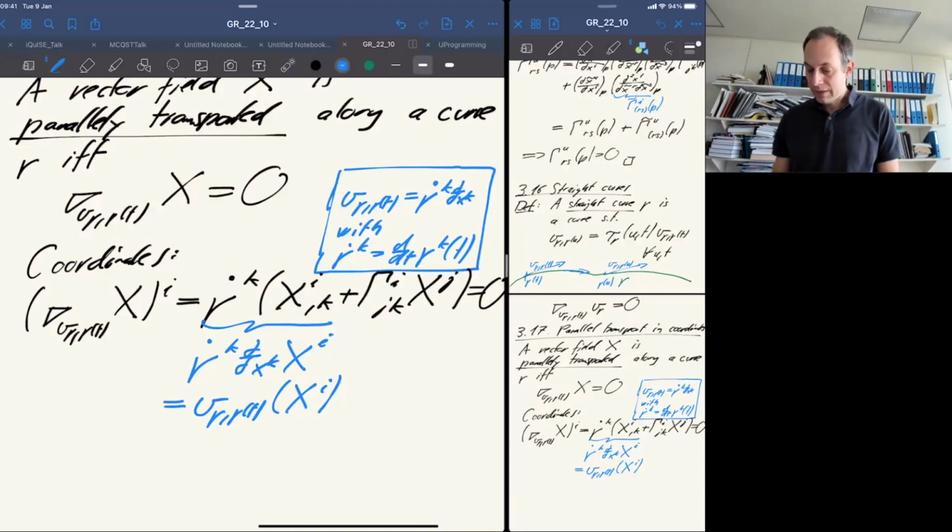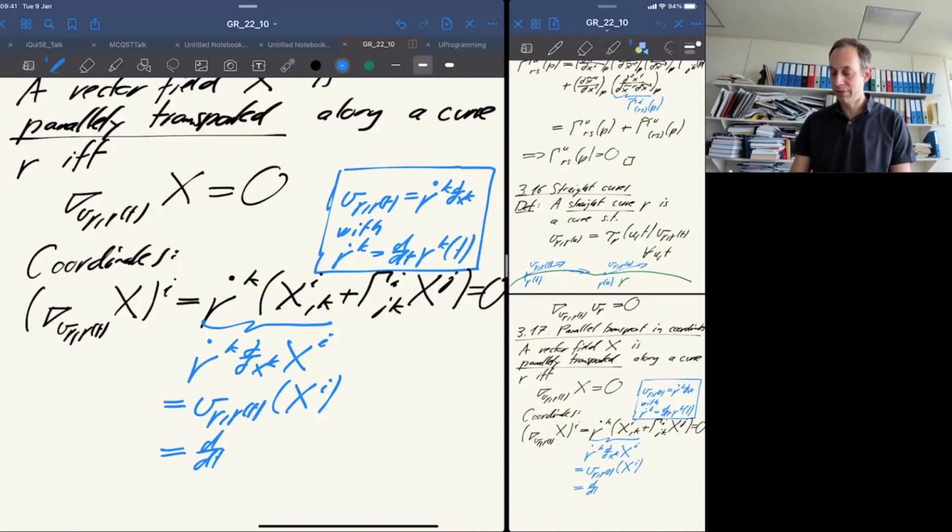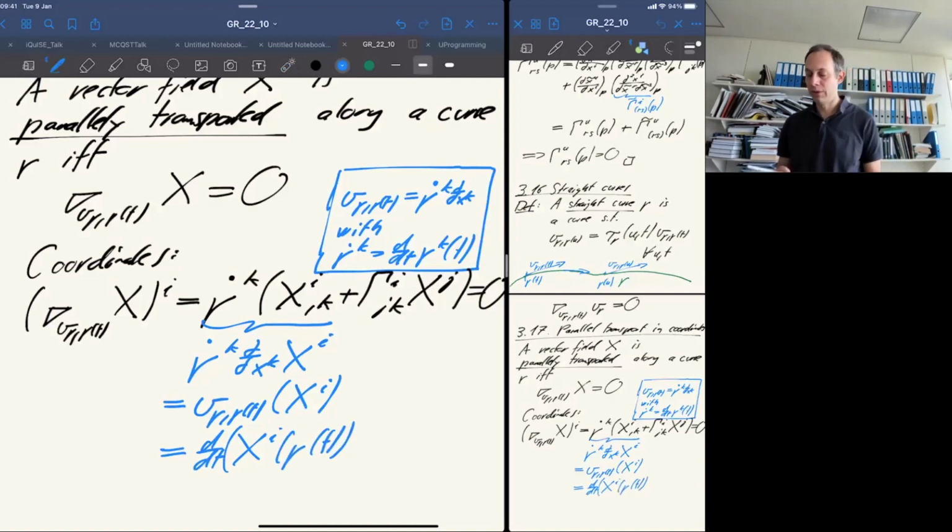Now you also know that a vector applied to a function, a vector along a curve, means by definition, that's the definition of the velocity vector, that I just take the time derivative of the function, which in this case is the function x^i, at the point of the curve. So along the curve, I walk along the curve and take the derivative.